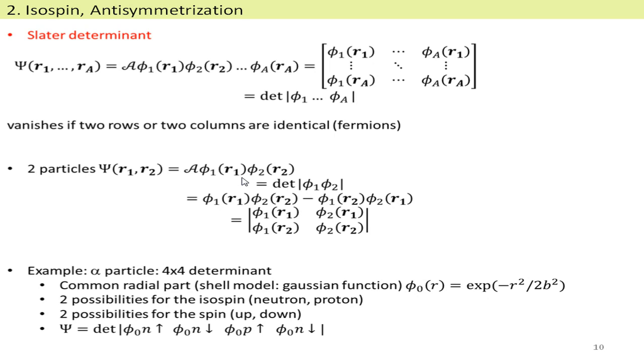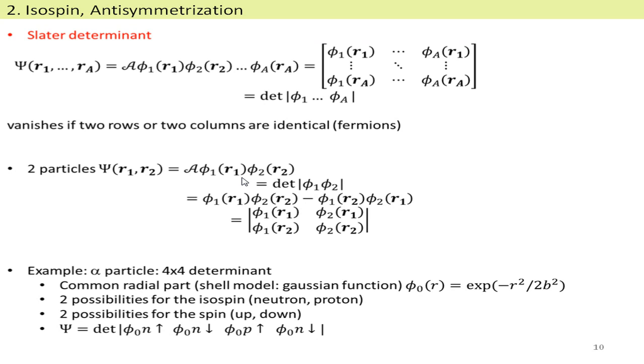And if you have 2 nucleons which are in the same state, which means that 2 of these A functions are identical, then you have 2 identical columns, and then you know that a Slater determinant is 0. And this is expected from the Pauli principle.